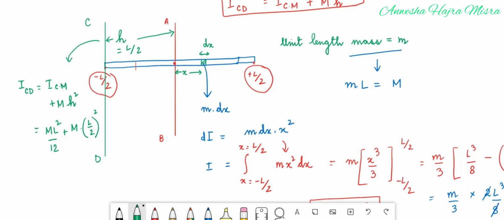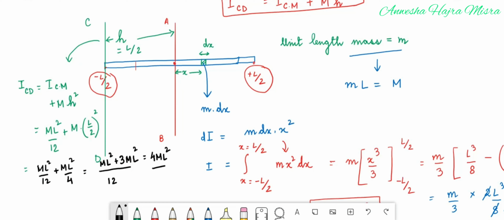So this becomes M L square by 12 plus M L square by 4, that is M L square plus 3 M L square, this is 4 M L square by 12.